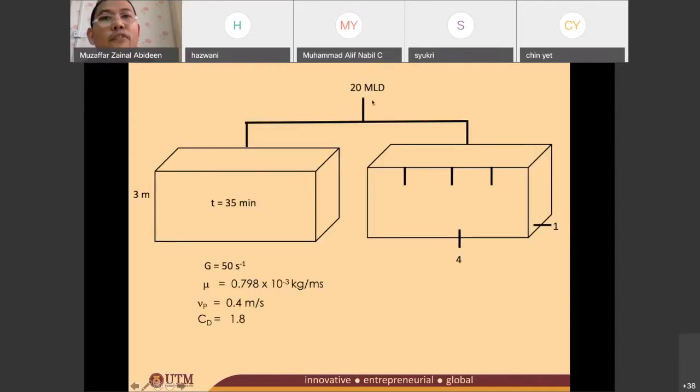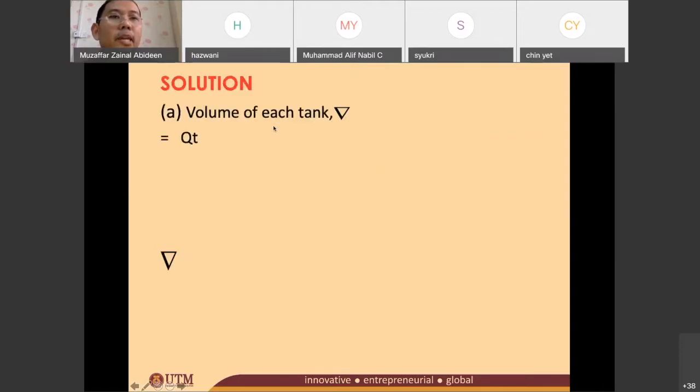But you have to remember it is divided into two tanks, so this Q has to be divided by two as well. 20 MLD divided by 2 gives 10 MLD. So your Q now is 10 and your T is 35 minutes. That would be 10 times 10 to the power 6 liters per day times 35 minutes. I'd like you to solve that to obtain it in meters.